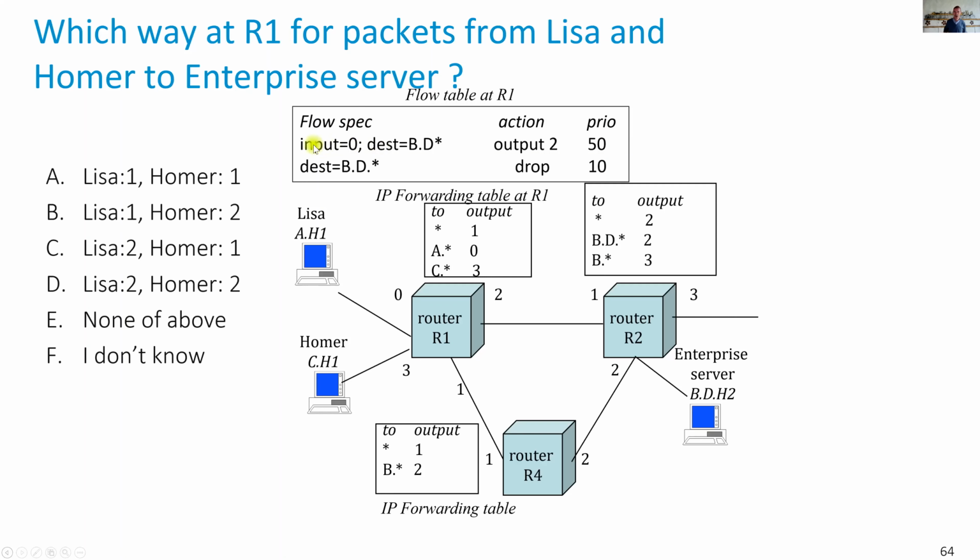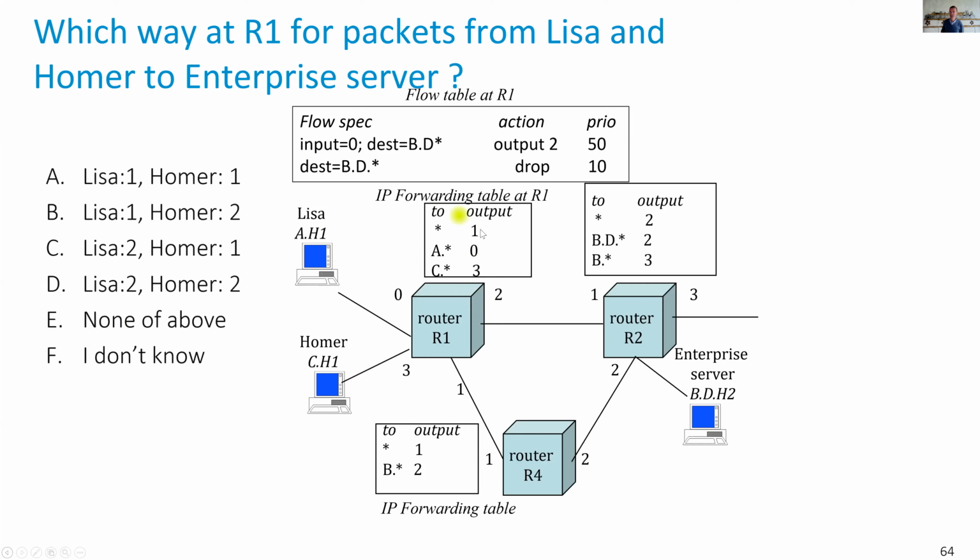So here it means any flow that comes on input 0 on this interface of the router that has a destination address that matches the string b.d.anything. Then for any packet that matches this description, the action is output to port number 2. So we will send it to port number 2.